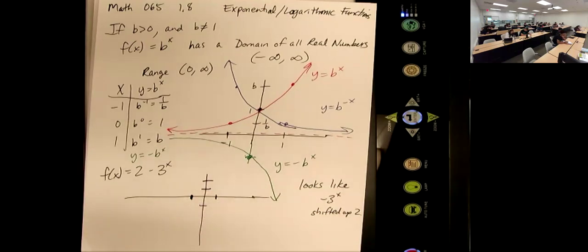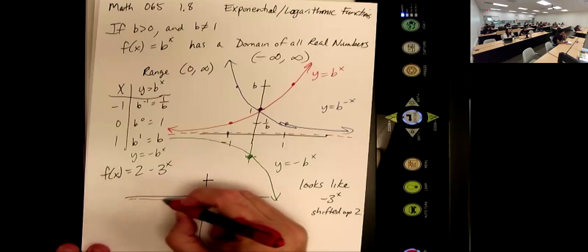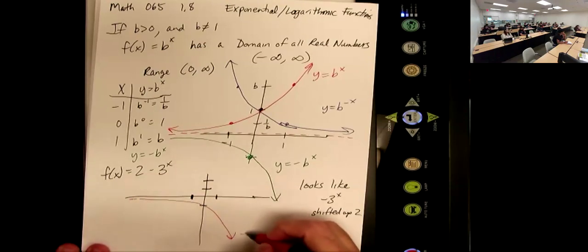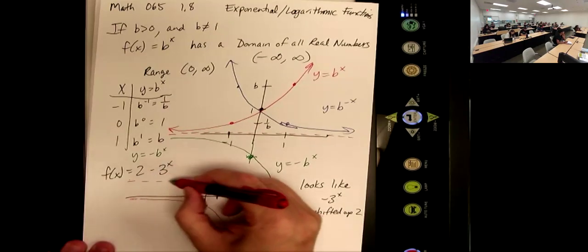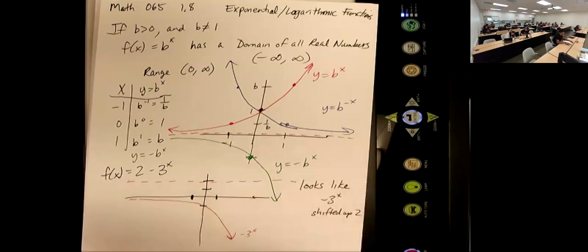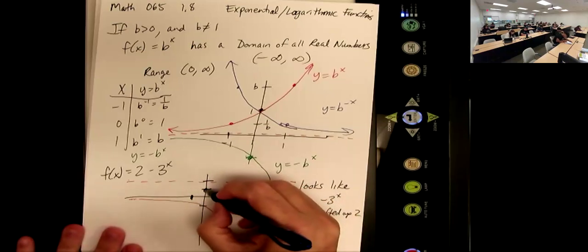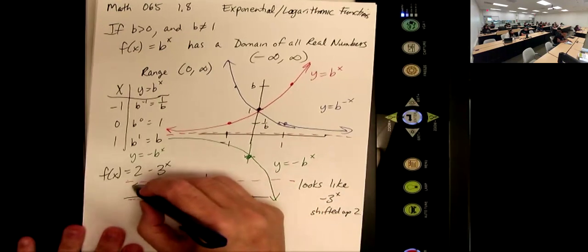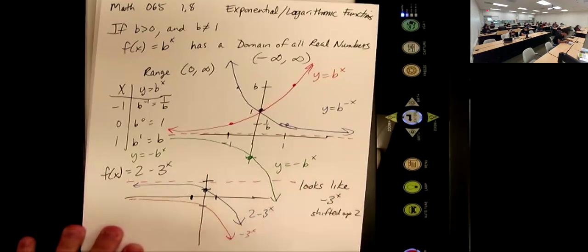So negative 3 to the x would be like this. That's negative 3 to the x. So if we shift it up 2, my asymptote moves up there. My intercept moves up 2. And it looks like that. So that would be 2 minus 3 to the x.